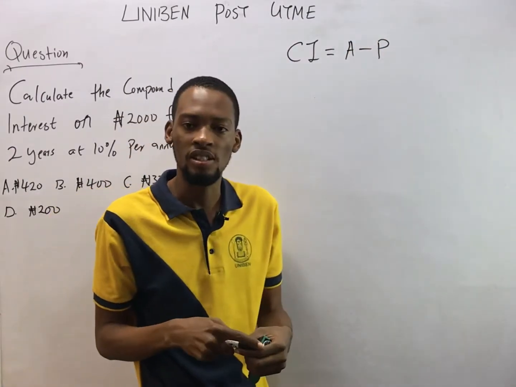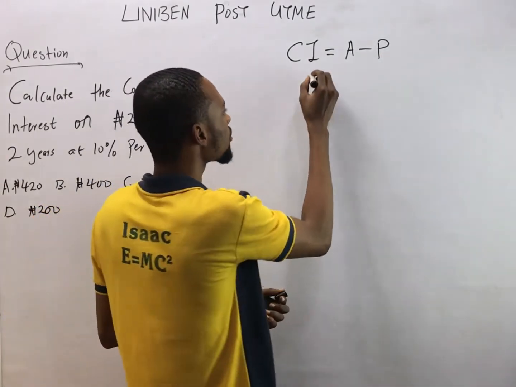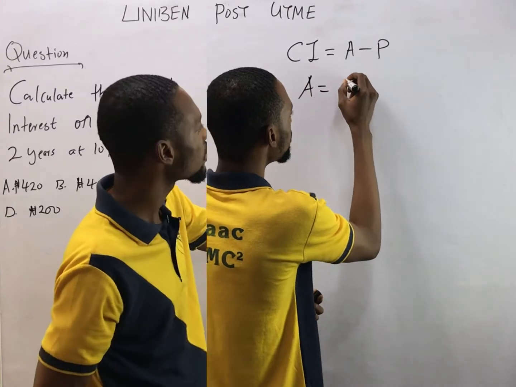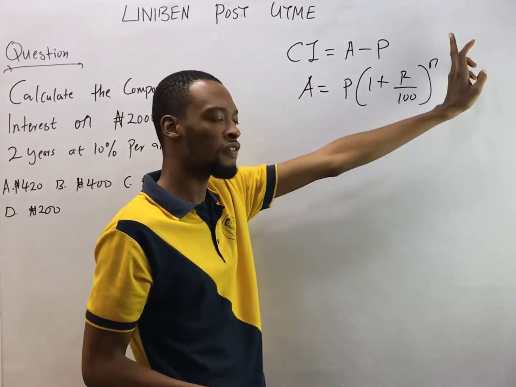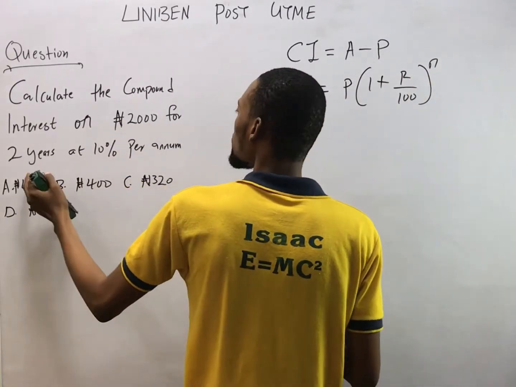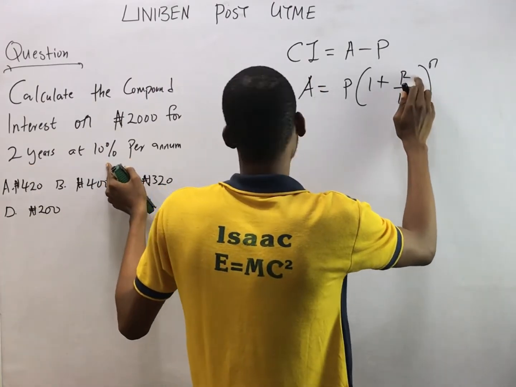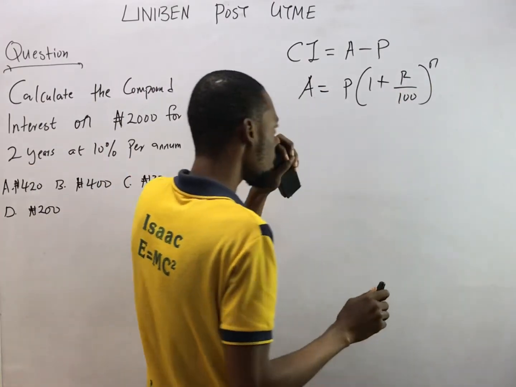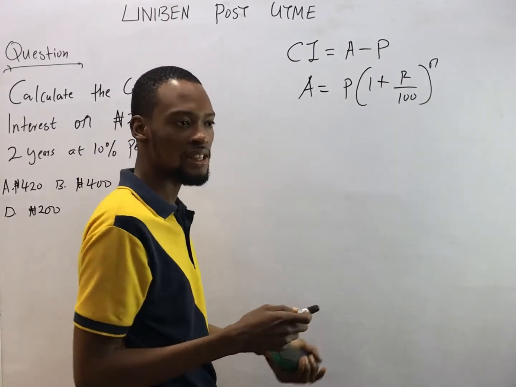That's compound interest, the amount that accumulates minus your principal. And amount is equal to P bracket 1 plus R over 100 raised to the power of n, where n is the period. So in this case, we are calculating for 2 years. n is equal to 2. And R is your rate, which is 10%. And your principal is 2,000 naira, the amount invested.